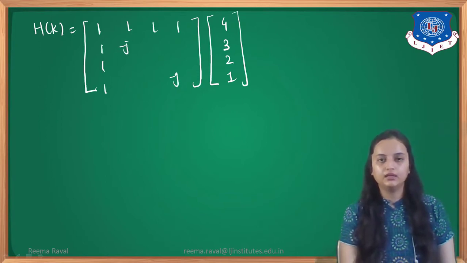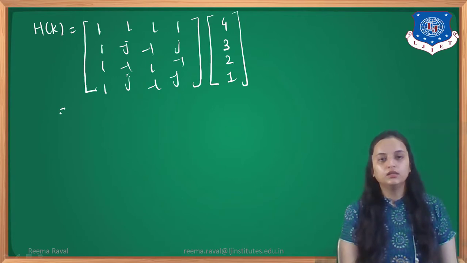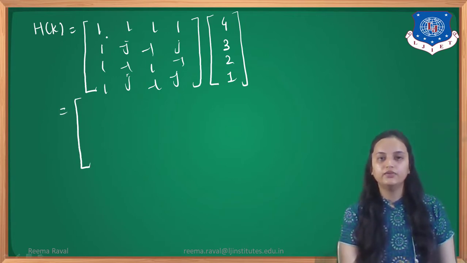Using the same matrix, with entries minus j, plus j, minus 1 and 1 as before, we get for the first row 4 plus 3 plus 2 plus 1.